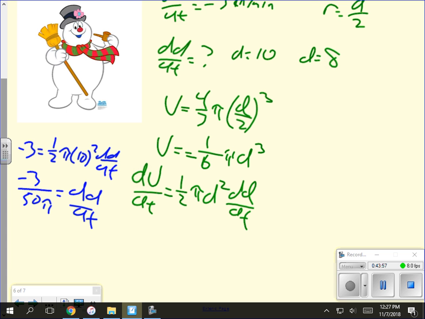And then you do it for d equals 8. Negative 3 equals 1/2 pi 8 squared dd/dt. 8 squared is 64. Half of 64 is 32.